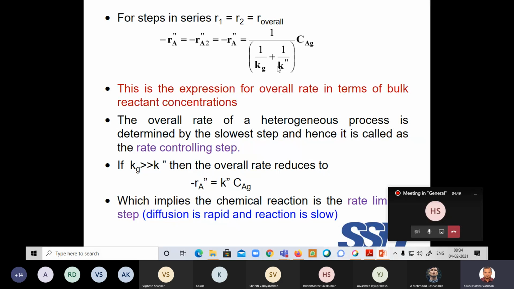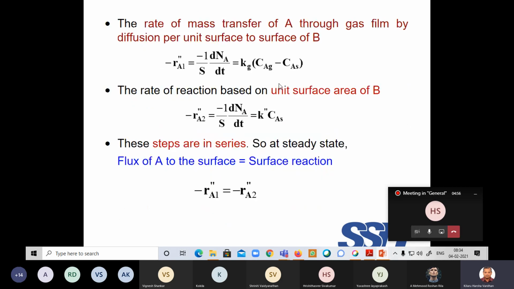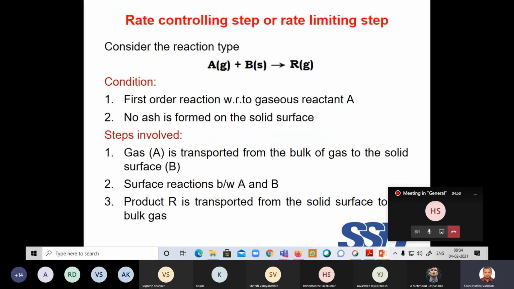This is the reaction resistance. Here, when we are deriving it, we are assuming that there is no ash formed, right? This is the reaction: A plus B gives R. A is a gas, B is a solid, gives R gas. Here our assumption is no ash formed.